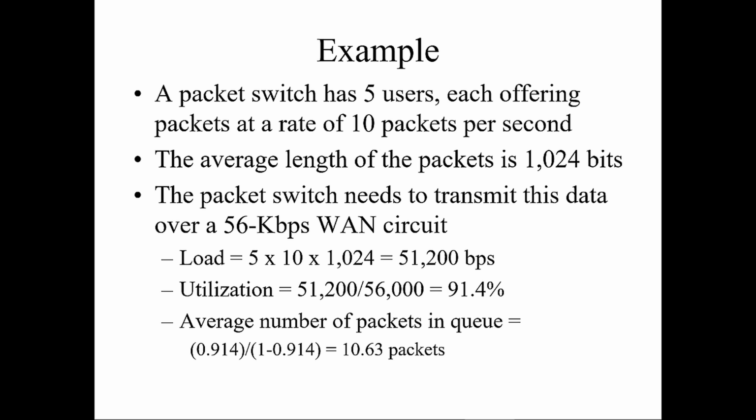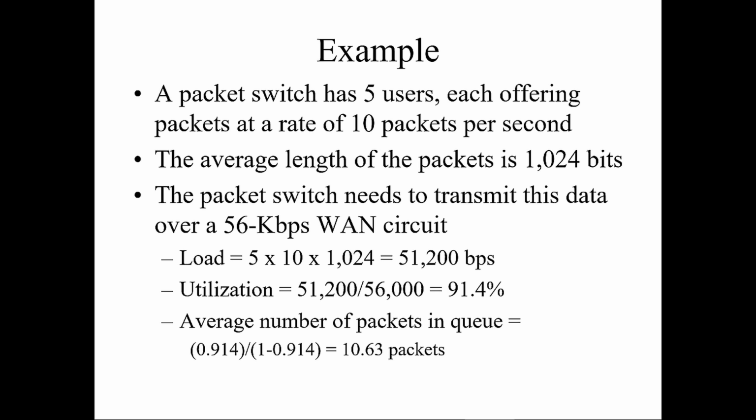Example. A packet switch has 5 users, each offering a packet at a rate of 10 packets per second. The average length of the packet is 1024 bits. The packet switch needs to transmit this data over a 56K WAN circuit. So our load is 5 users at 10 packets per second, each packet about 1024 bits. So we are looking at 51,200 bits per second.